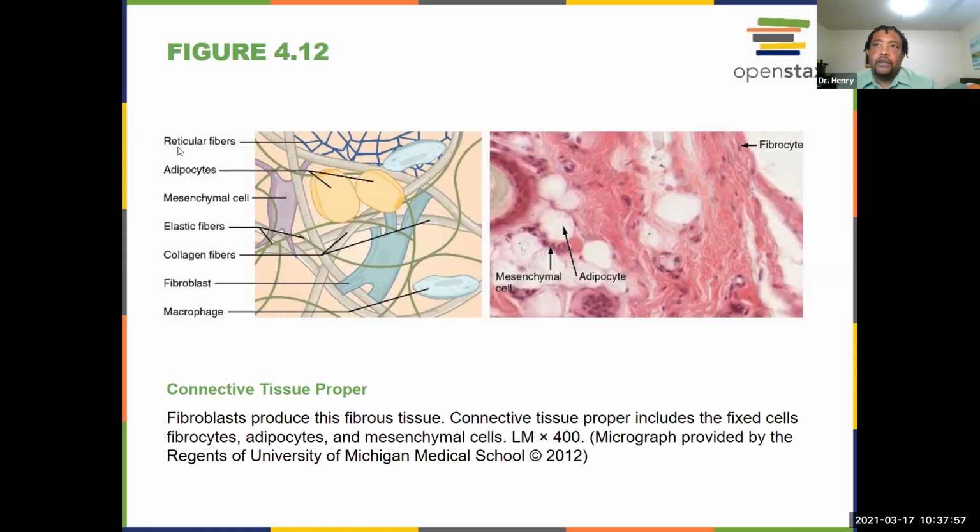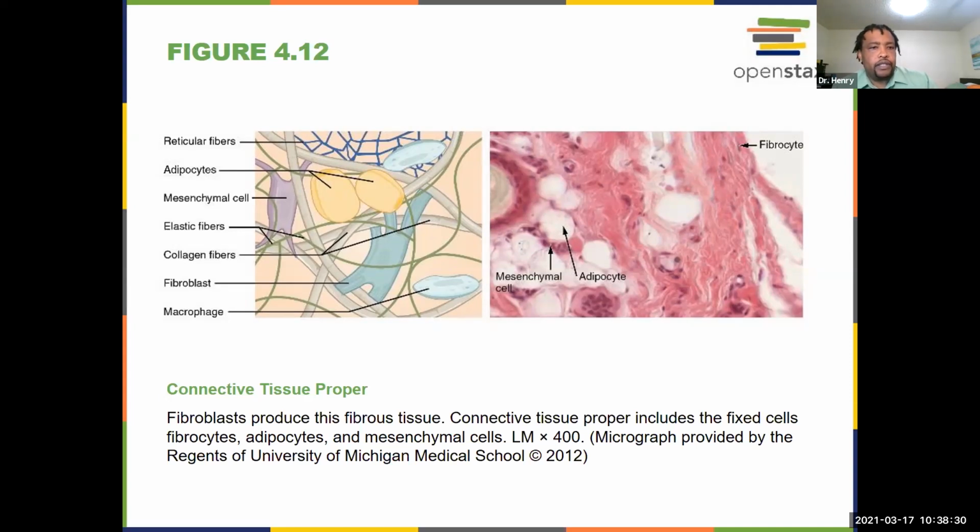We have our reticular fibers up here, the mesenchymal cells, the elastic fibers, the collagen fibers, and the fibroblasts and the macrophages. We've talked about macrophages before. We know exactly what they're there for, right? These are all of the components of a proper connective tissue area.